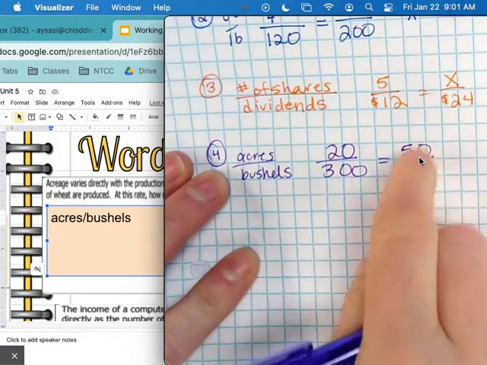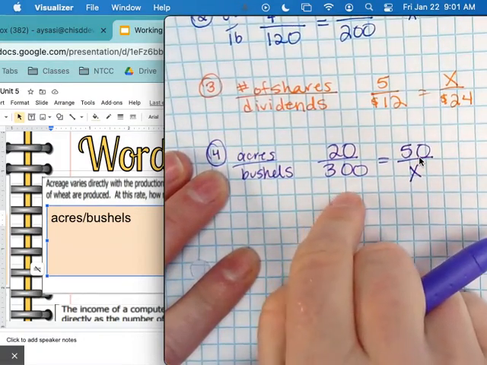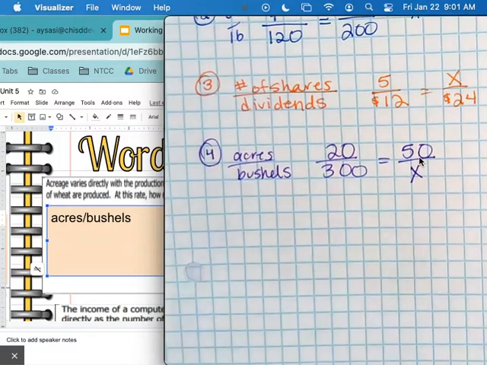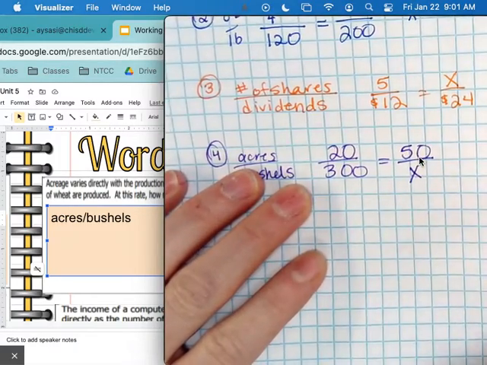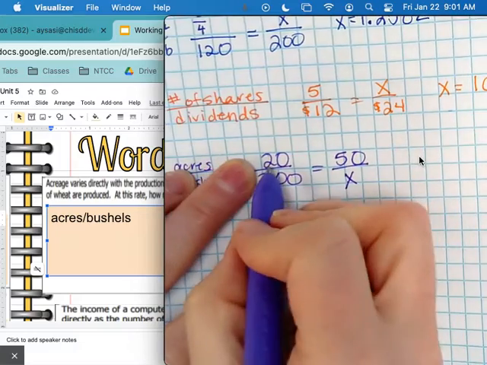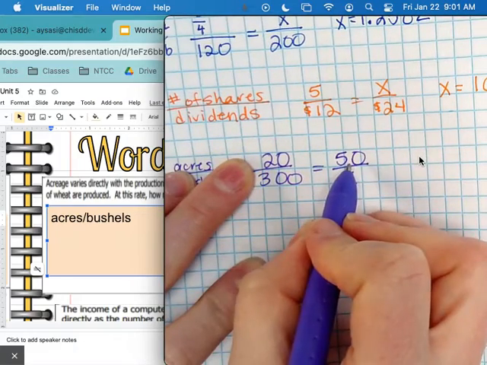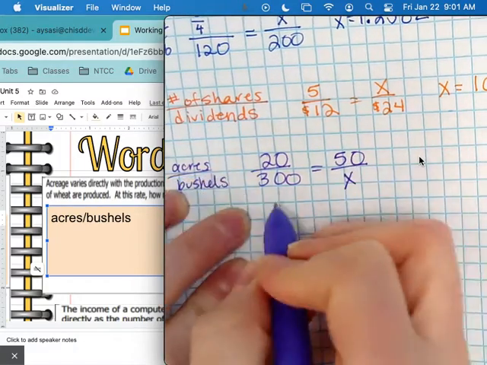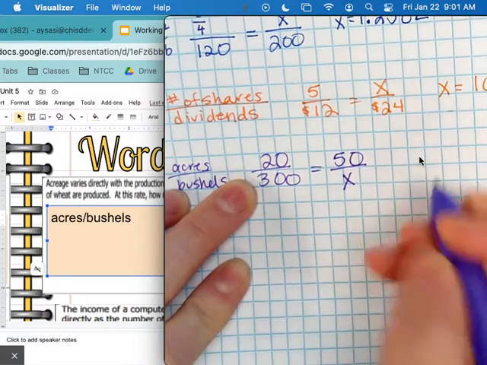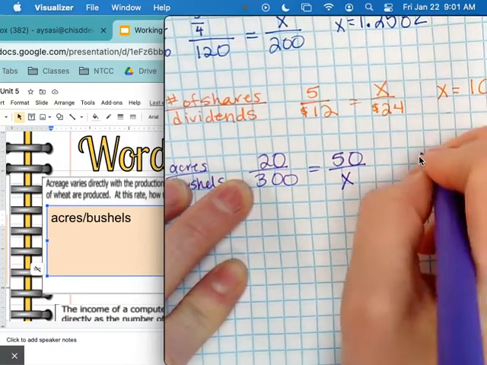Just by looking at it, is it going to be more or less than 300? More, yep. So you can cross multiply and divide. Or you can look and see 20 times 2.5 gets you 50. So you do 300 times 2.5. Cross multiply and divide. Go ahead and do that.